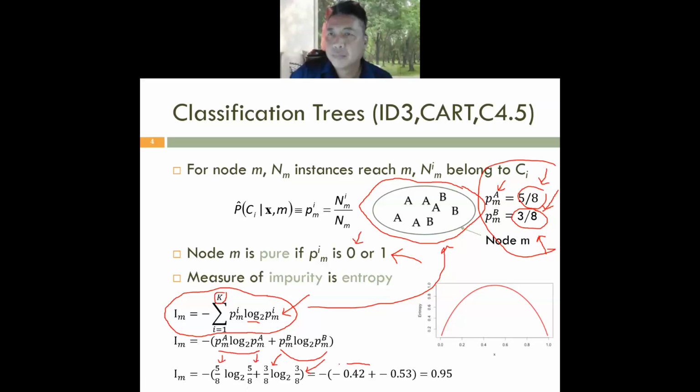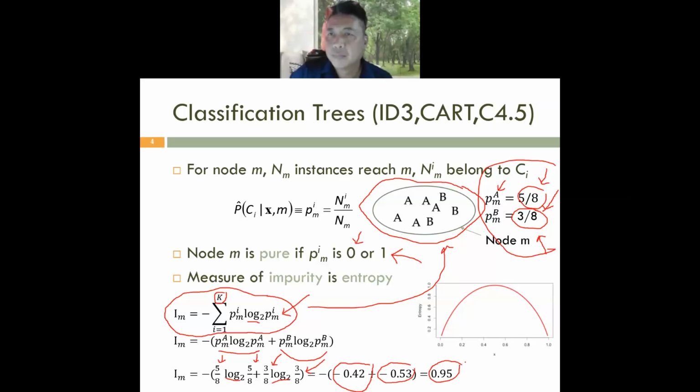When we compute, we will get this value. Always be careful, this is log base 2. When we convert them, we will have this value, and we add them together. The 0.95 here refers to how pure our data is.